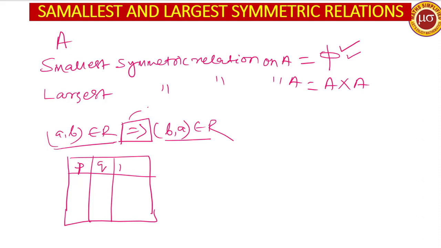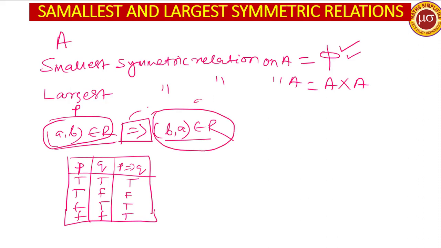P, Q, P implies Q: true true true, true false false, false true true, false false true. This I take as P, and this I take as Q.